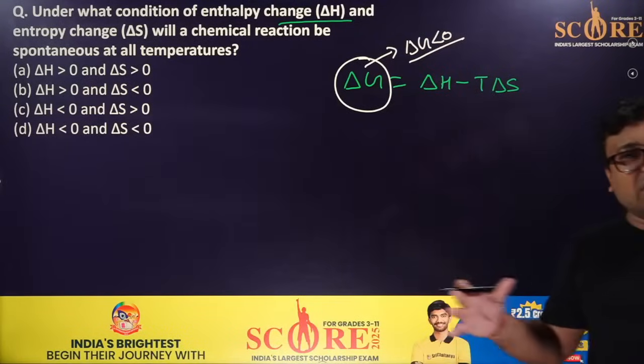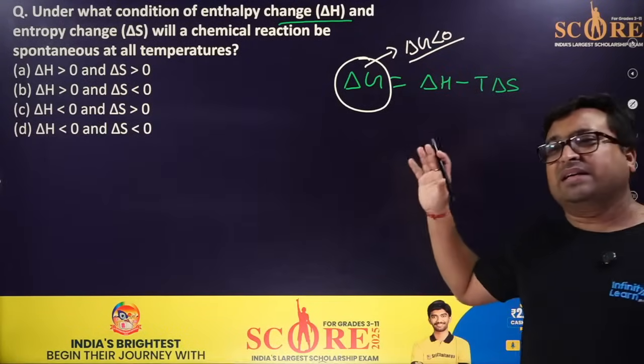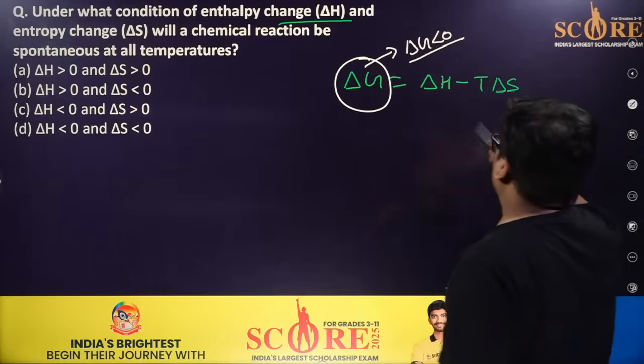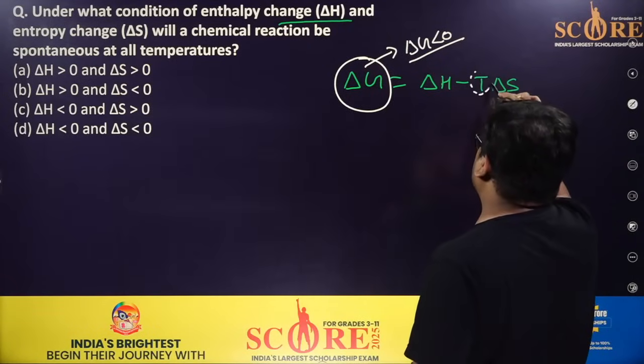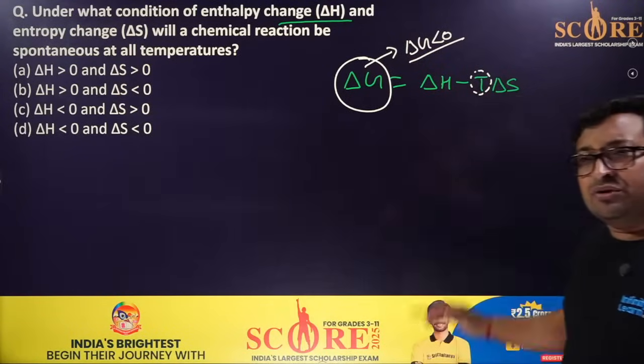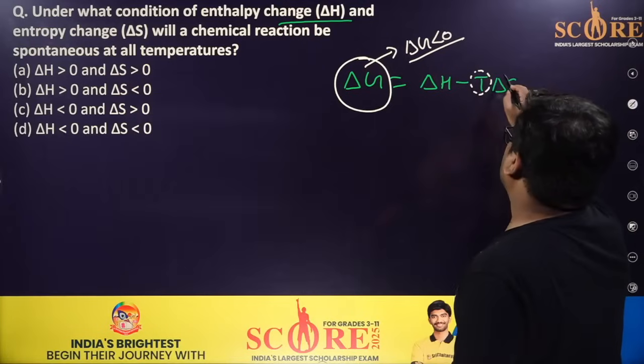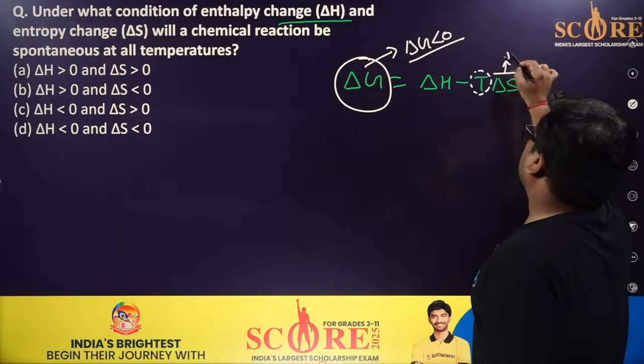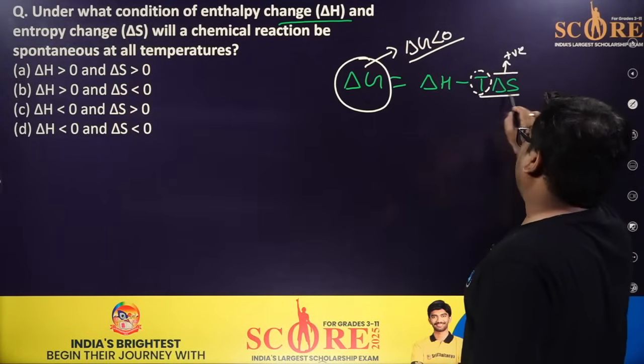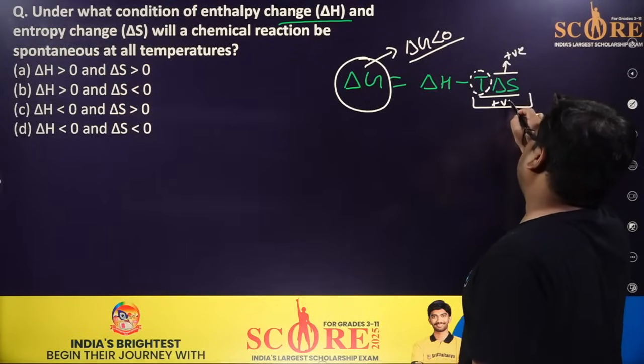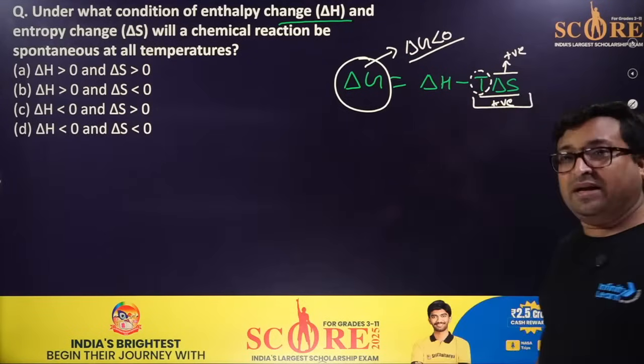You guys are best in mathematics, so see only the scenario. The lowest temperature is 0 Kelvin, so temperature is always positive. If temperature is positive, the whole term T delta S becomes positive, and minus that becomes negative.